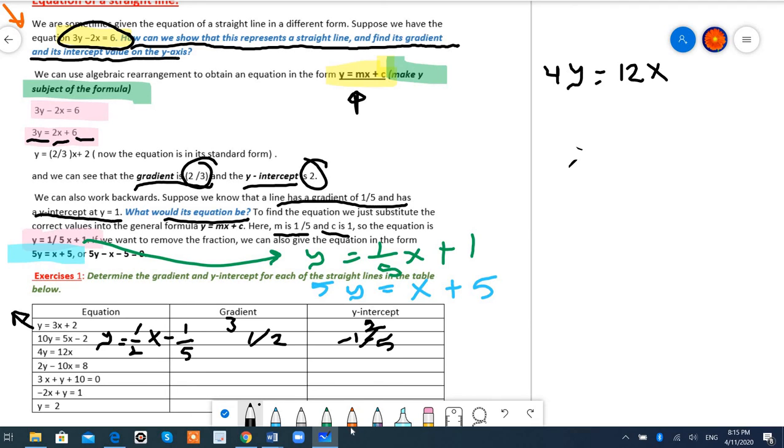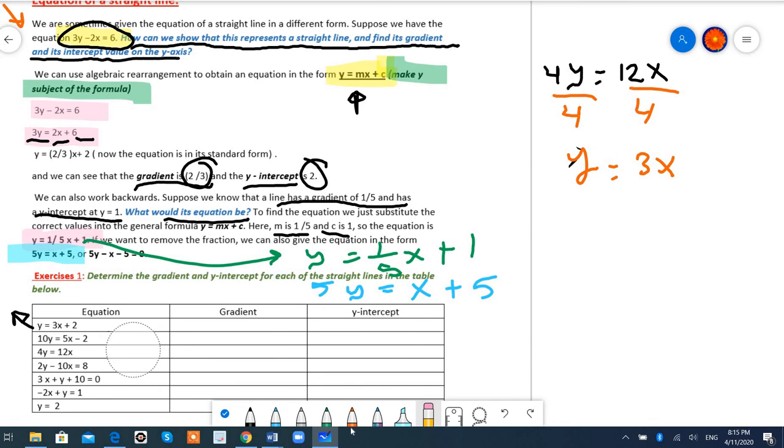No. You have to divide both sides by 4. So y equals 3x. That means the gradient is 3. The gradient is 3 here, and there is no y-intercept. That means it is 0.